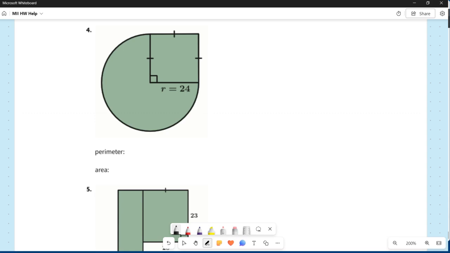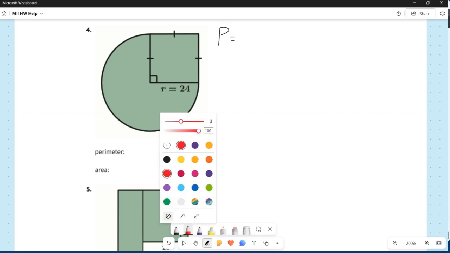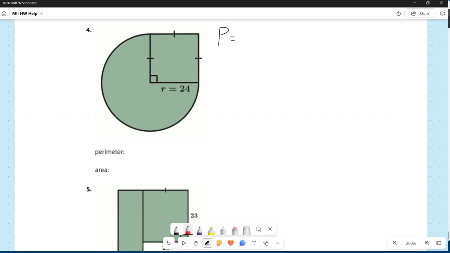So for the perimeter, I want 3/4 of my circumference, because we're talking about this piece of the outside of my figure. So we want that piece first.